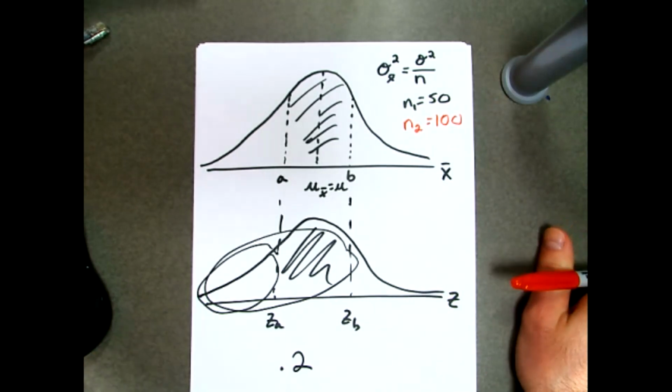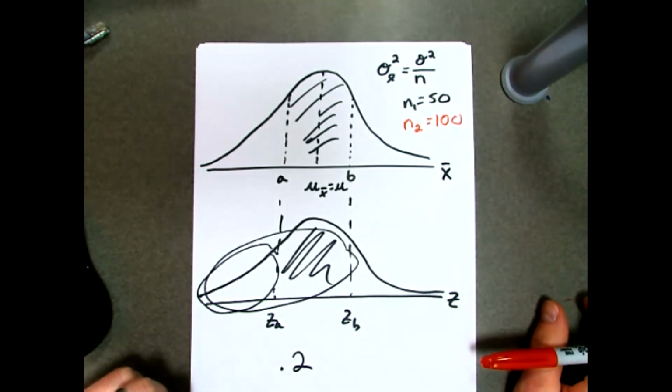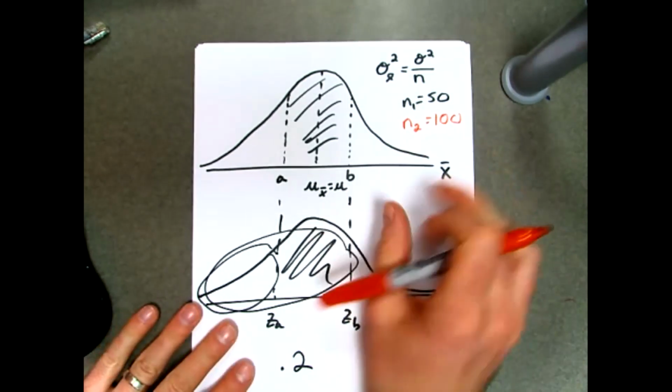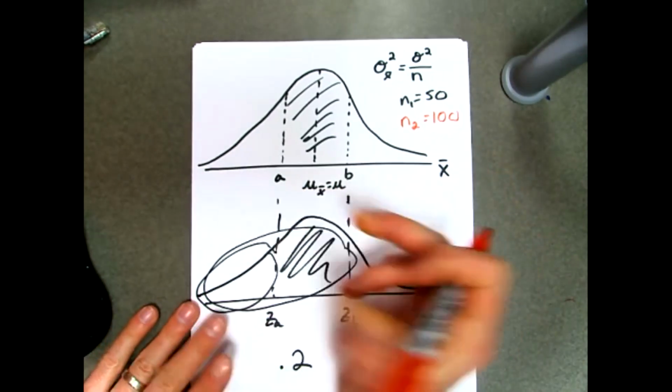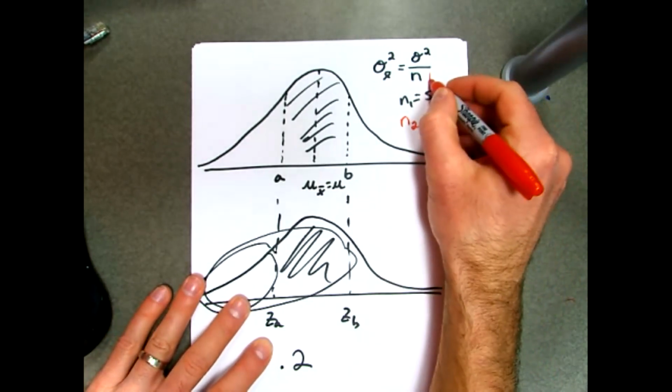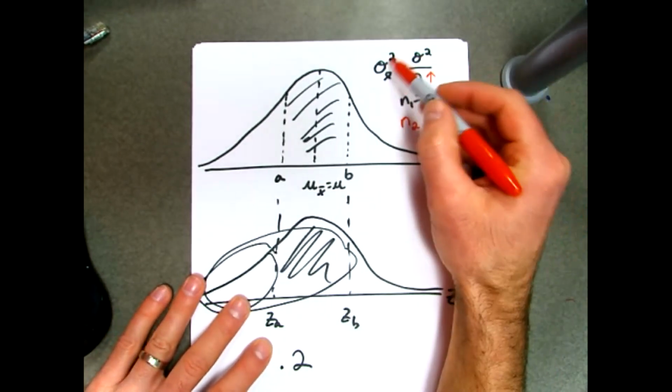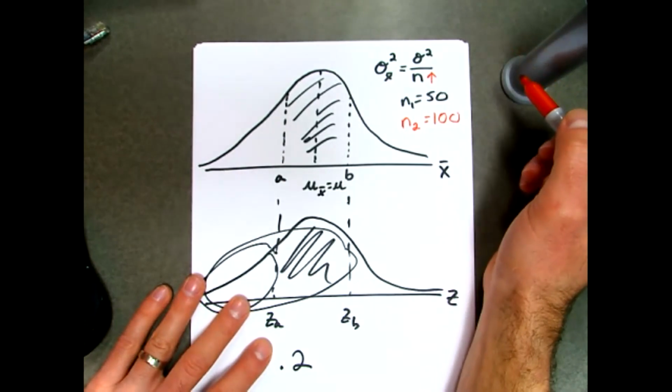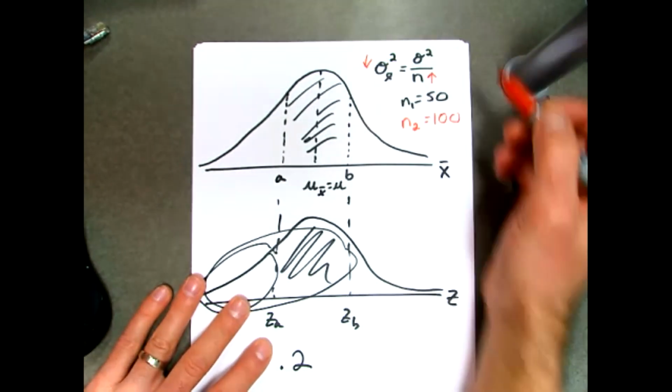What does that do to the distribution of my sample means? It doesn't matter what my sample size is, they'll still be centered around the true population mean. However, if my sample size is larger, what happens to the variance of my sample means? It's going to go down.